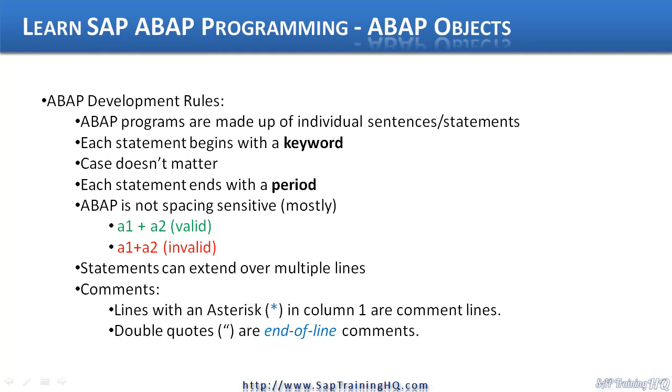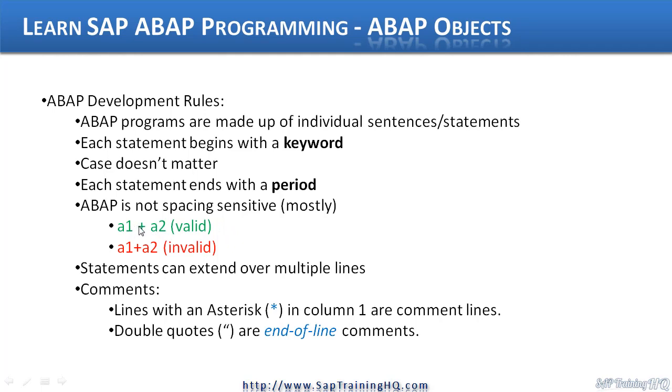Next, ABAP is not spacing sensitive most of the time. What this means is you can write ABAP statements and have one space, or you can have 3 spaces between different statements on a line. It really doesn't matter until you get to calculations and things like that. So you can see here that A1 plus A2 is a valid statement.